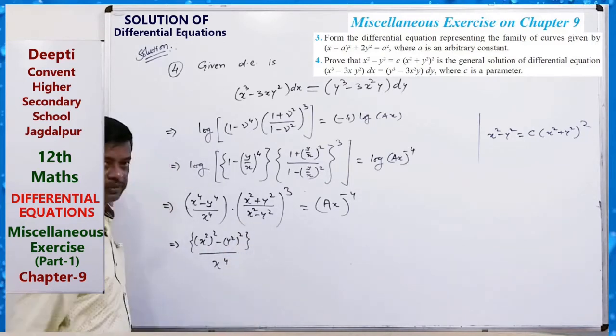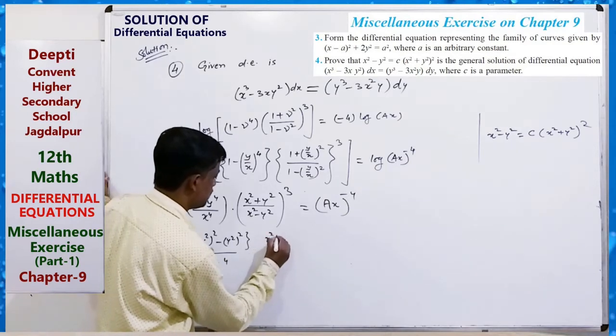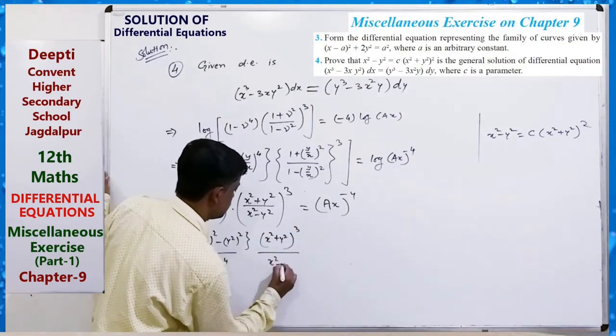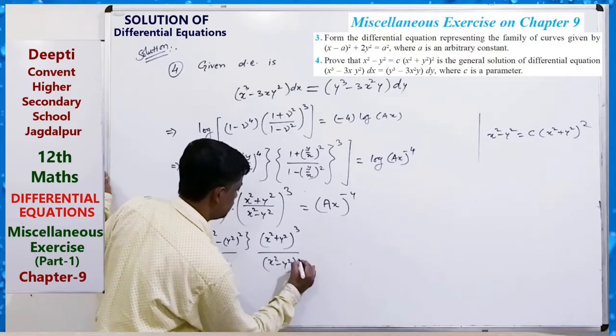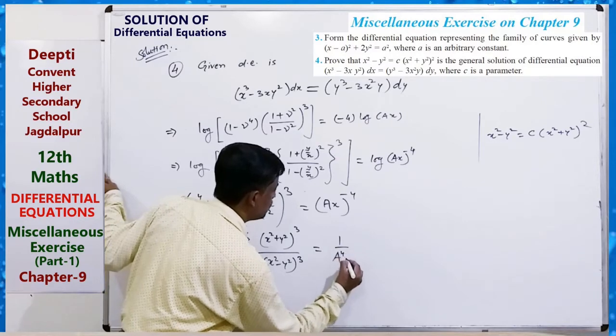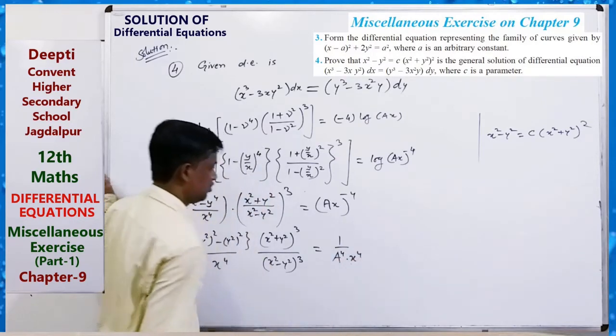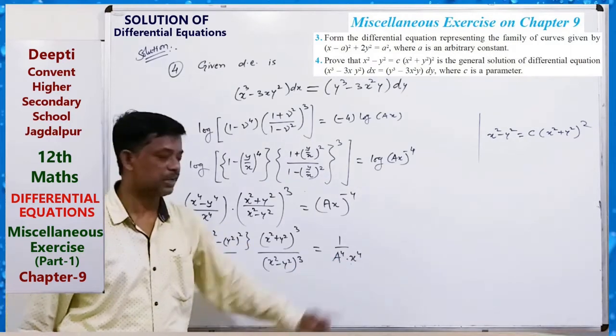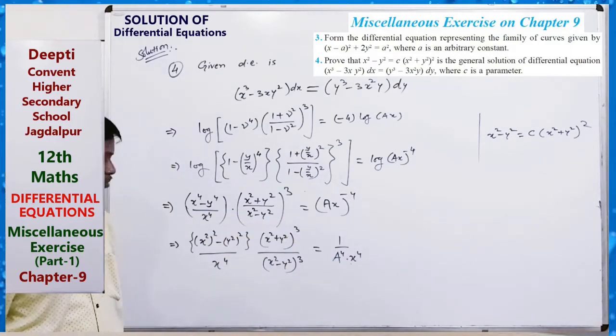Here x square plus y square power 3 upon x square minus y square power 3 equals 1 upon a power 4 into x power 4. Negative power goes to denominator. So x power 4 cancels, 1 by a to the power 4.